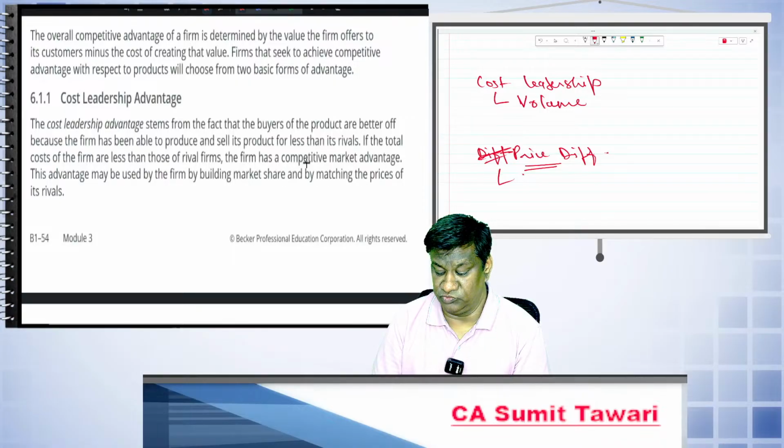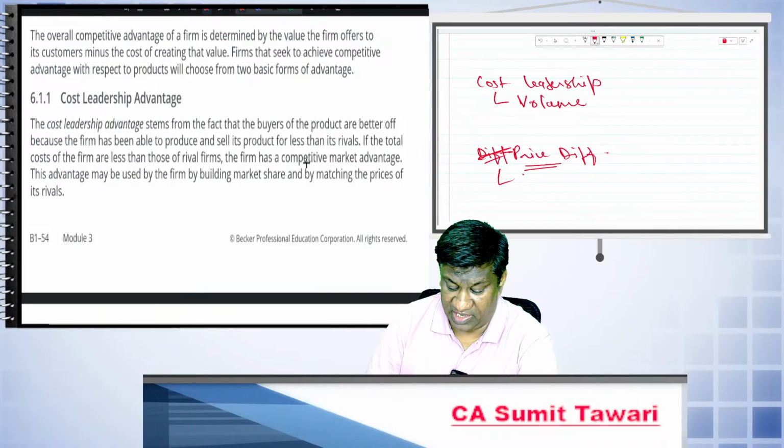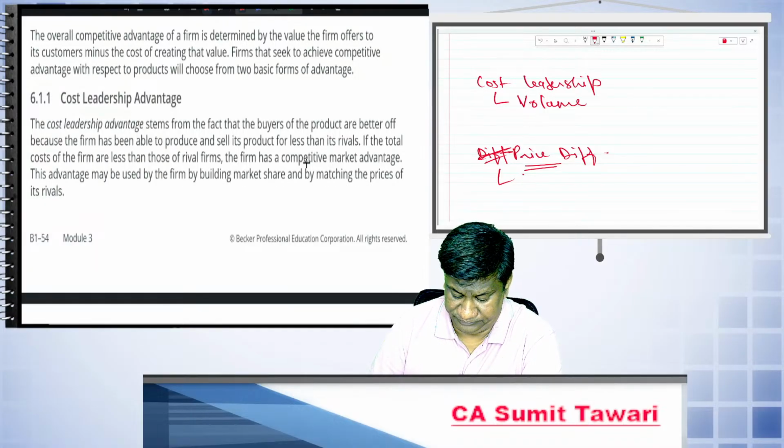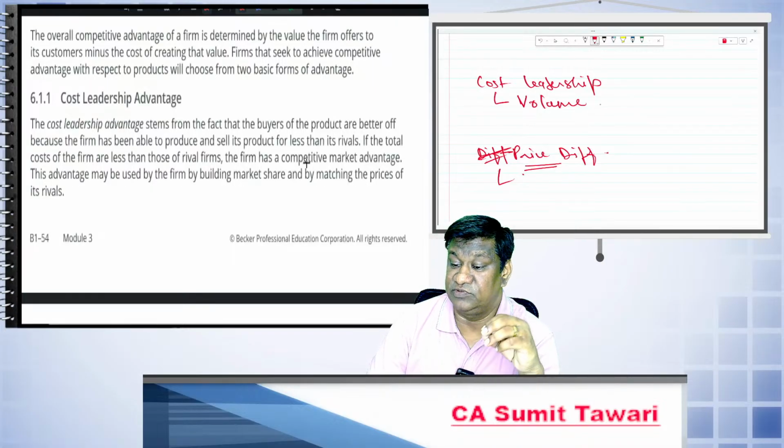Means the discounts and the process changes, all that you can do when there is a high volume. So whenever there is a high production or high raw material purchase, in that situation you can achieve the cost leadership.